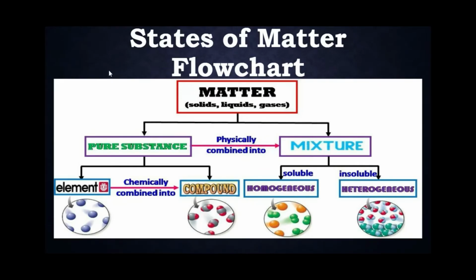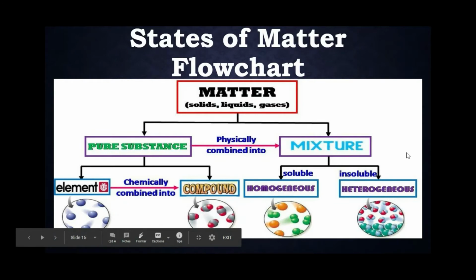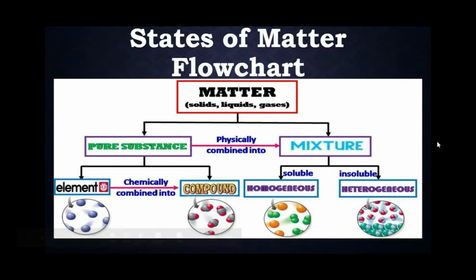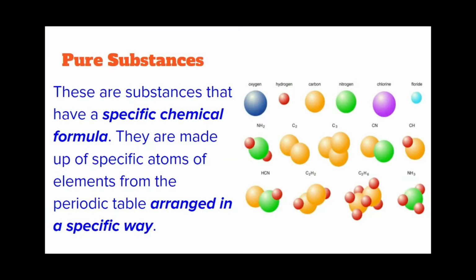Let's discuss these different states of matter in further detail. Pure substances are things that have a specific chemical formula. They are made up of specific atoms of elements from the periodic table arranged in a specific way.